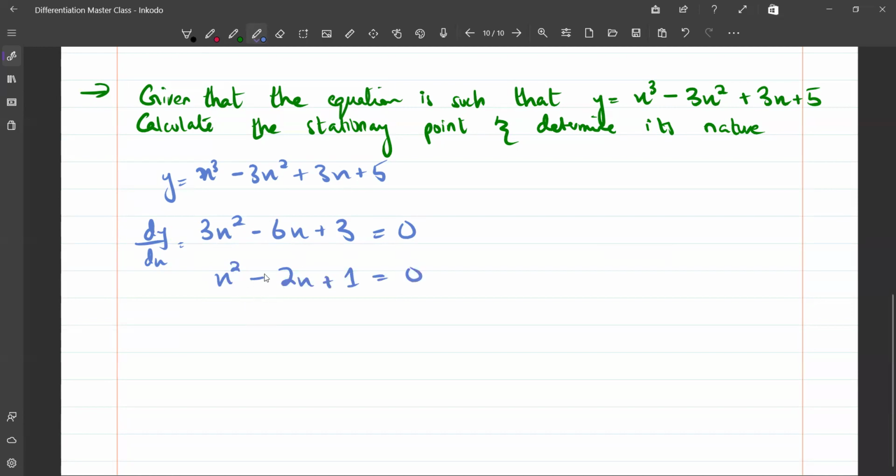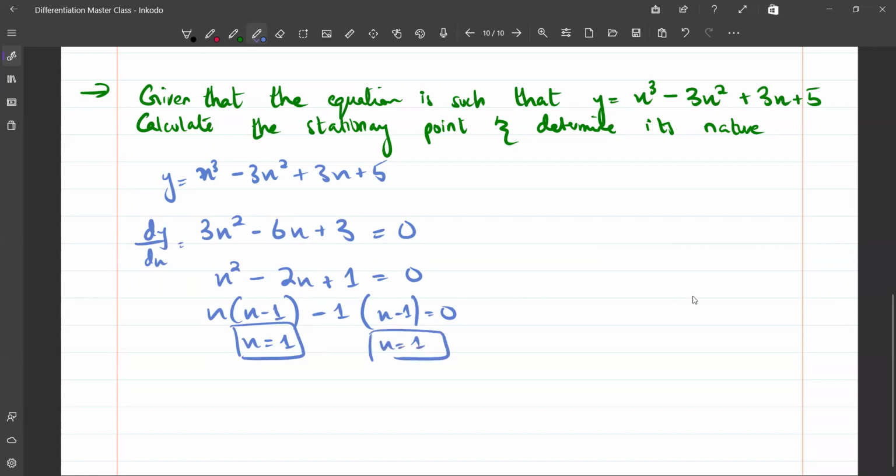If we solve this quadratic equation, we will get x minus 1, x minus 1 is equal to 0. I have skipped a step, but you have to show steps in the exam. x is equal to 1. So the stationary point is x is equal to 1.